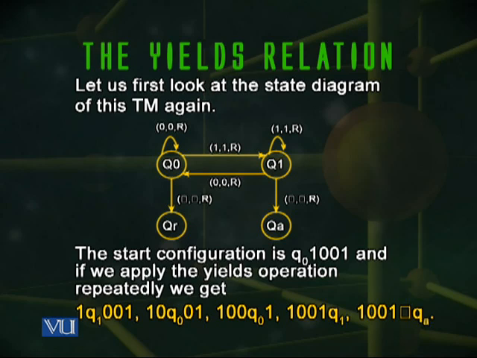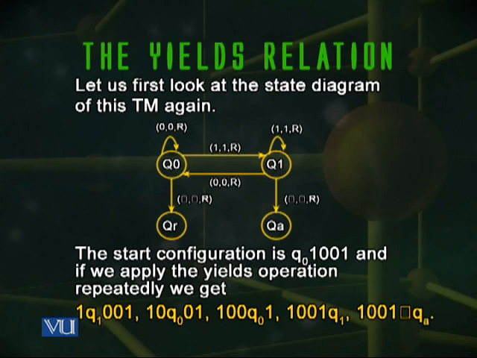Well, that tells us that we should move into state q0, don't change the symbol, and move to the right. So the next configuration is 10 q0 01, and the next configuration, as you can see, is 100 q0 1. That's because delta of q0, 0 is once again saying that we should stay in the state q0, don't replace the symbol, and move to the right.